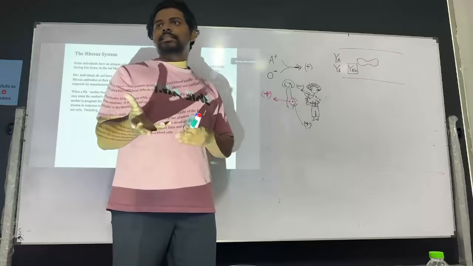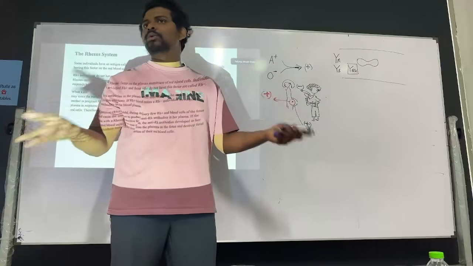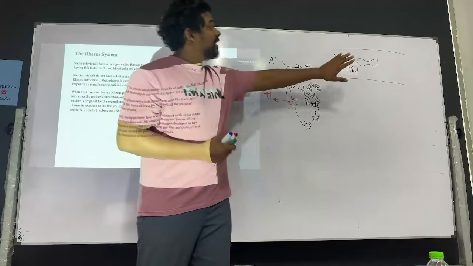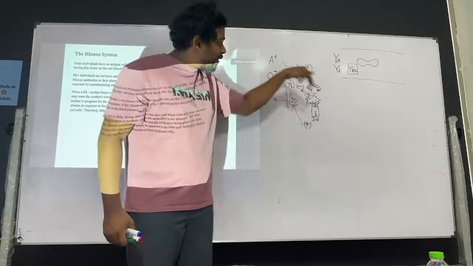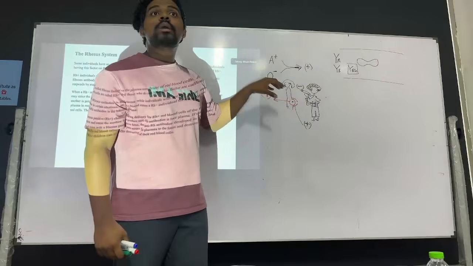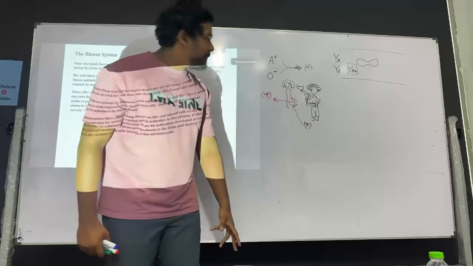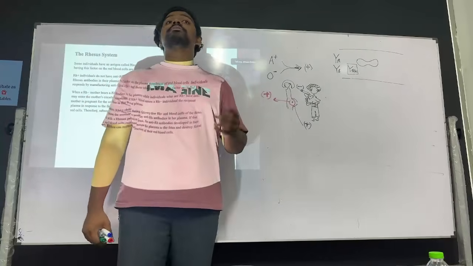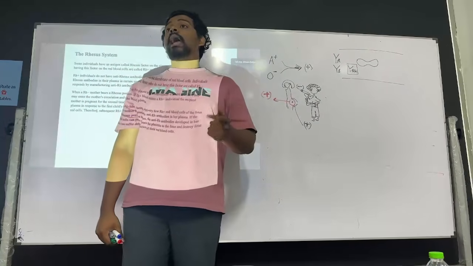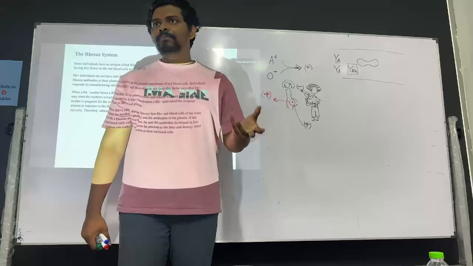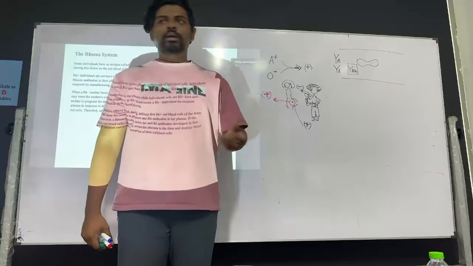Now this Rhesus antibody is crossing the placenta and damaging the fetal red blood cells. So now what happens? All the red blood cells in the fetus will break down and the fetus will die.